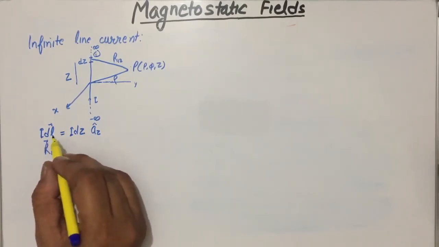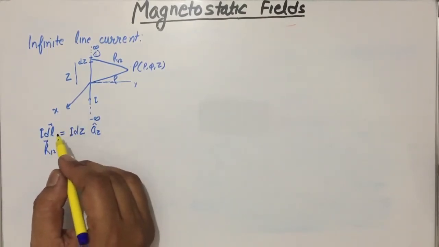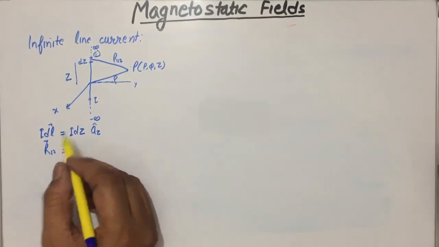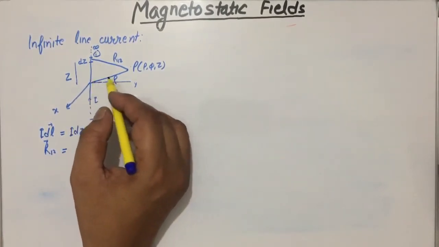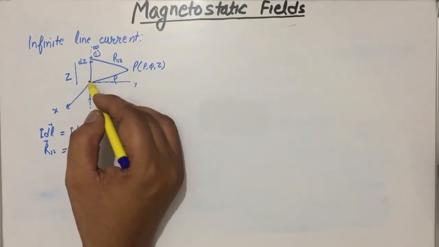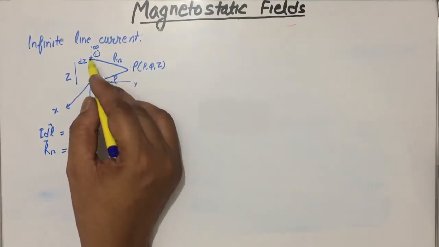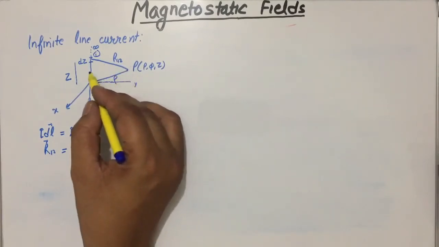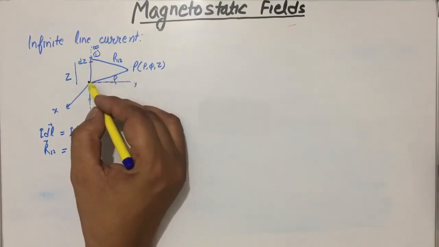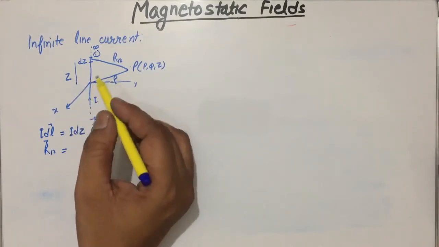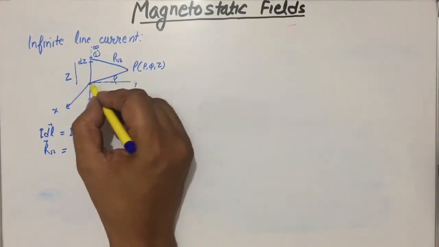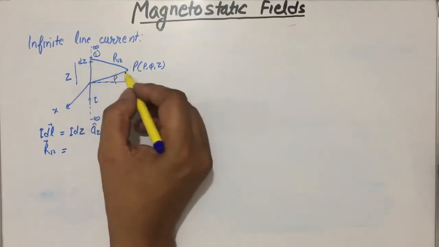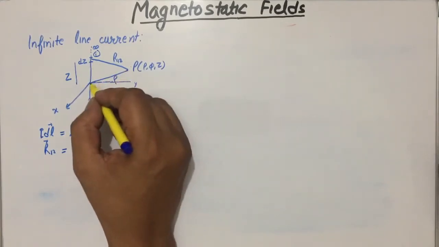R12, you can name it Ra or just R12. To find this distance, you have to move against z, or you can move in this way, this vector plus this vector.